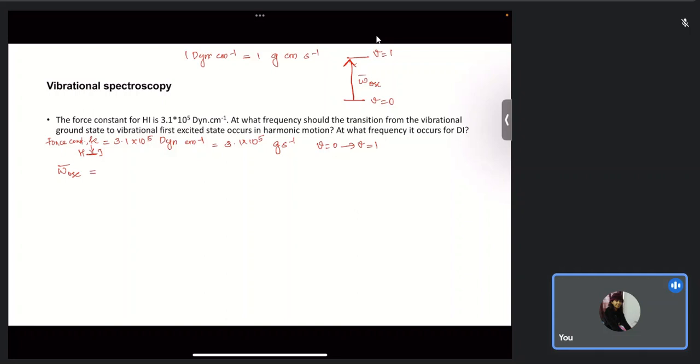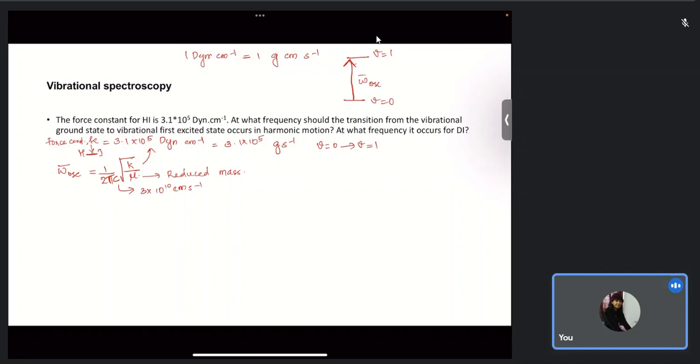So omega OSC is equal to 1 divided by 2 pi c root of k by mu, where k is the force constant given here, mu is the reduced mass, and c is 3 into 10 to the power 10 centimeter second inverse, the speed of light.